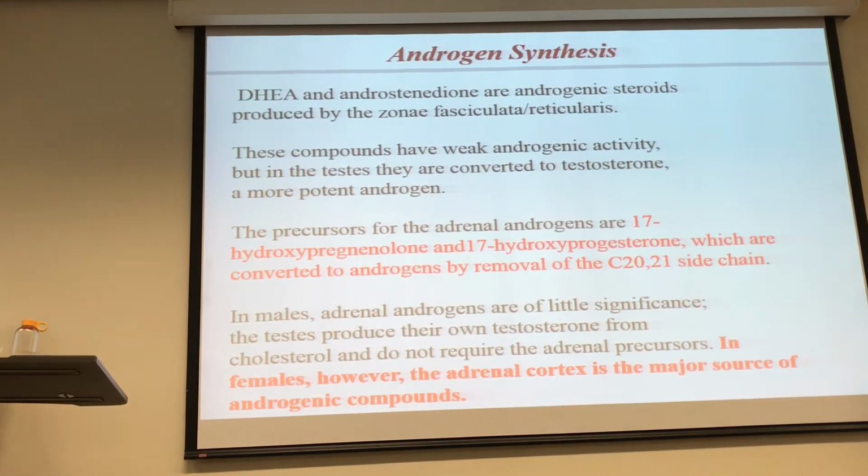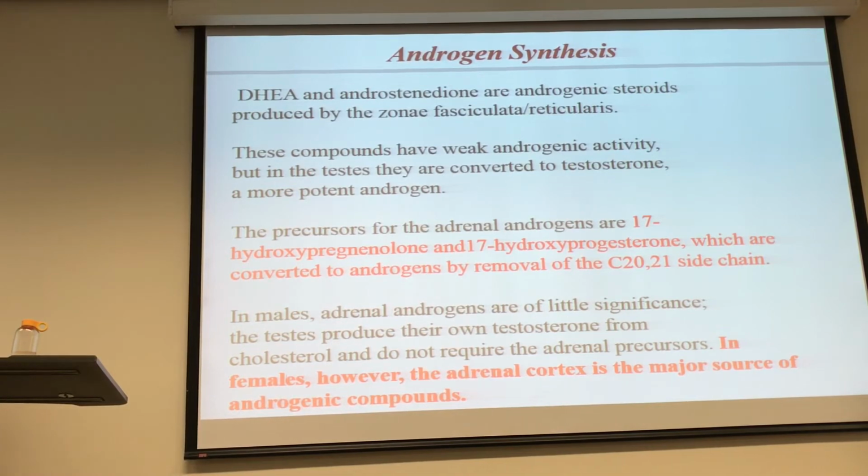Now we are coming to androgen synthesis. We know that there are 2 androgens. One is DHEA and the other is androstenedione. They are androgenic steroids produced by the zona fasciculata and reticularis. These compounds have weak androgenic activity, but in the testes they are converted to testosterone, which is a more potent androgen.